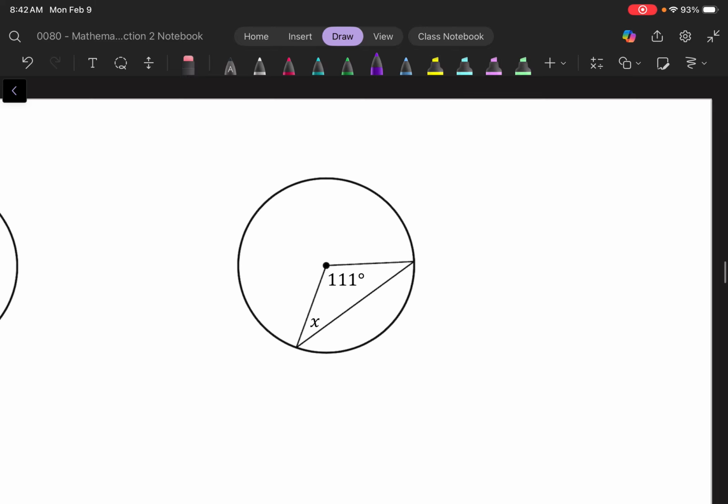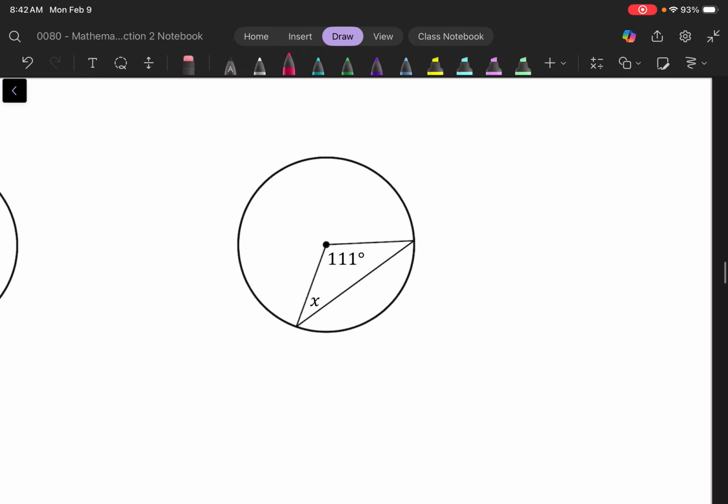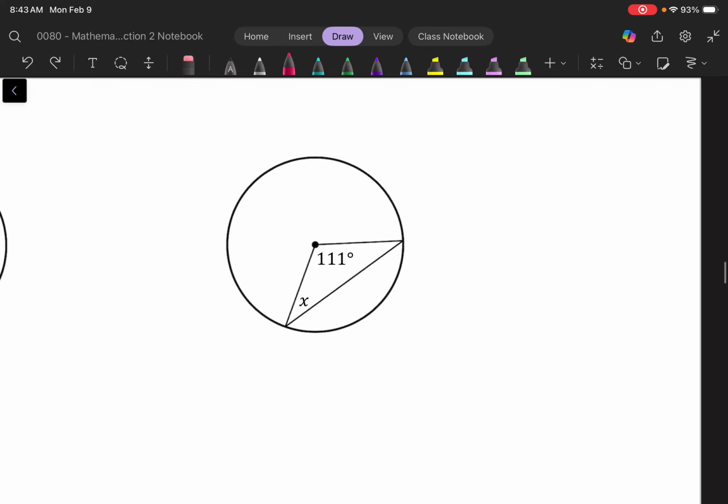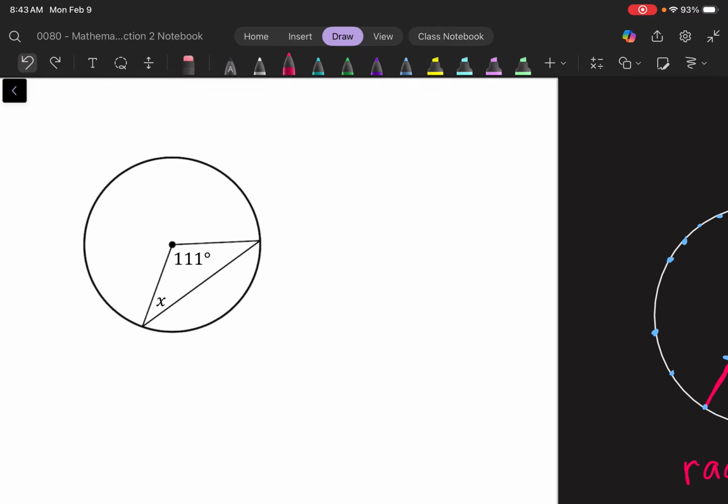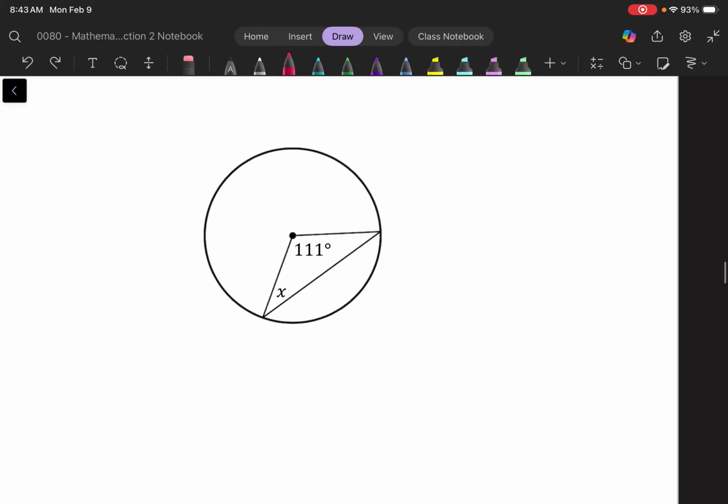This question has no congruent markings on my angles and has no congruent markings on my side lengths. But I can see that this side length here is a radius. It's the distance from the center of the circle to the outside. And this side length here is also a radius. It's the distance from the center of the circle to the outside.